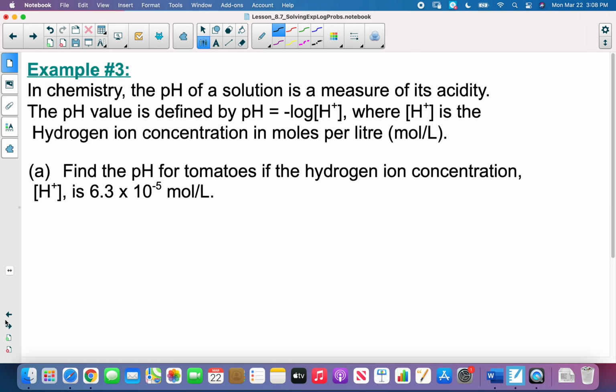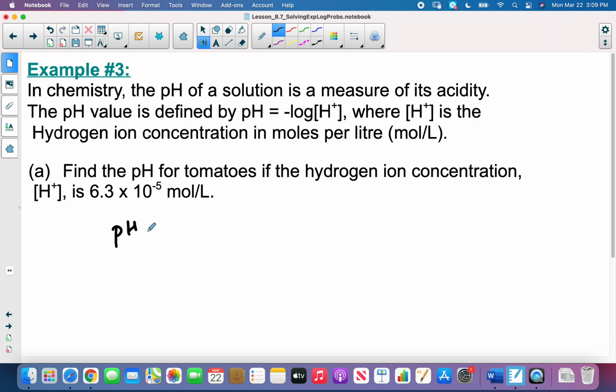In chemistry, the pH of a solution is a measure of its acidity. pH value is defined as the negative logarithm to the base 10 of the hydrogen ion concentration, where hydrogen ion concentration is in moles per liter. Find the pH for tomatoes if the hydrogen ion concentration is 6.3 times 10 to the power of negative 5 moles per liter.